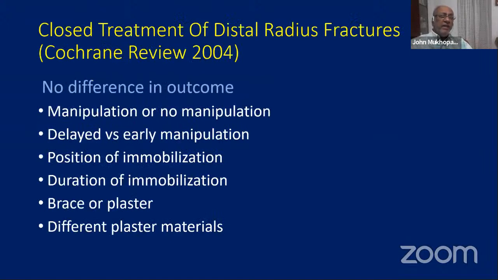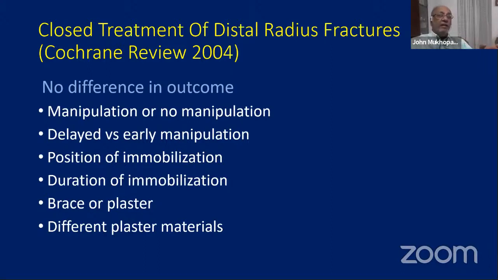Now, interestingly, if you look at the Cochrane review in 2004, they show that there's no difference in outcome whether you manipulate them or you do not manipulate them, whether you manipulate them late or early, position of immobilization, meaning whether you put it in volar tilt, ulnar tilt or radial tilt or dorsiflexion, etc. The duration of immobilization, whether you use an above knee cast or a below knee cast, what plaster materials you use, doesn't seem to make too much of a difference in terms of the studies that have been done.